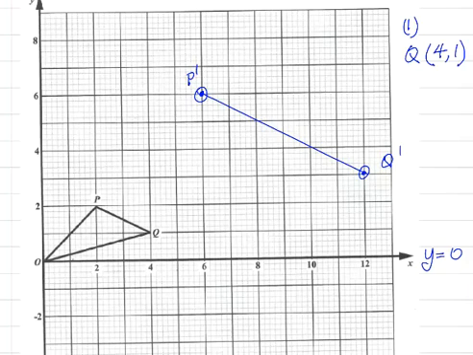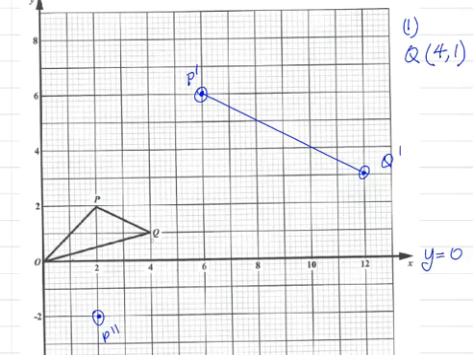So let us reflect the point P. P is 2 units from the mirror line. So the image of P is 2 units from the mirror line, but on the other side. So this would be the new position of P, and this would be P double prime.